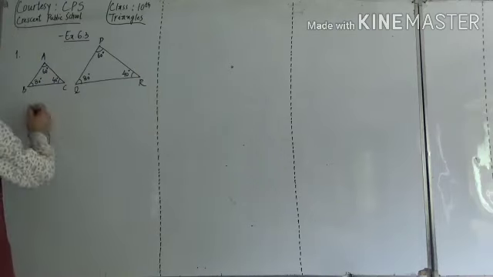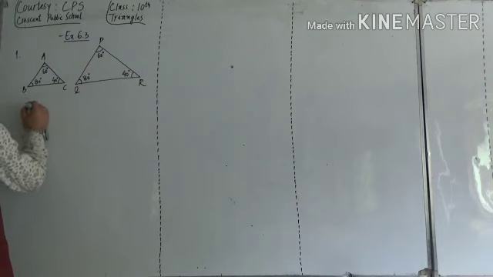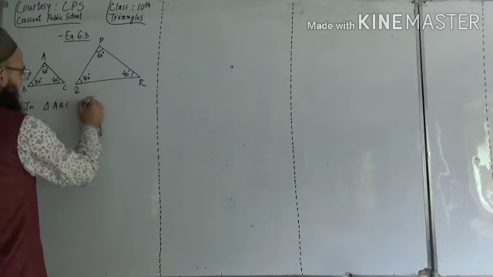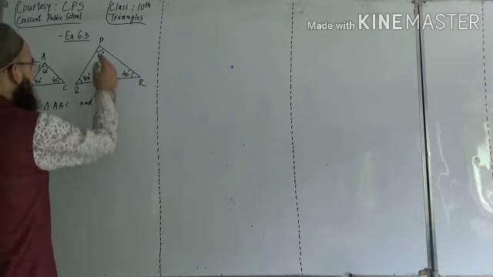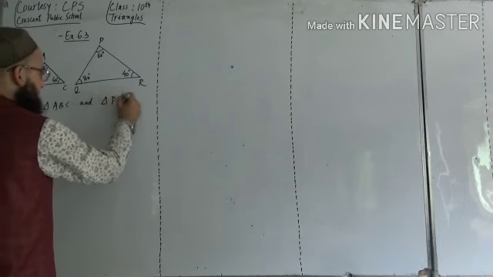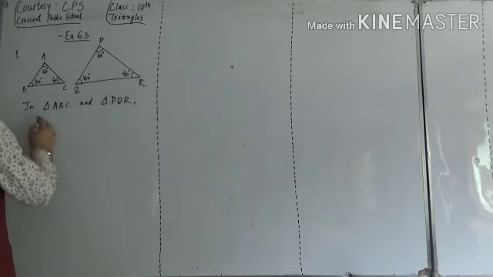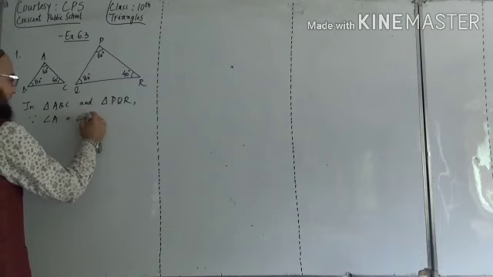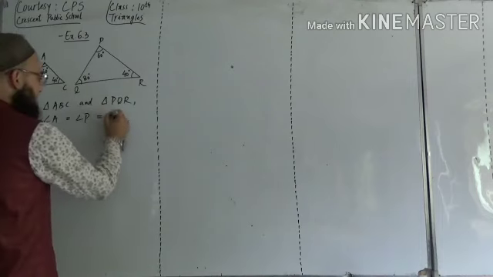That's simple. In triangle ABC and triangle PQR, since angle A is equal to angle P, why? Because both are 60 degree.